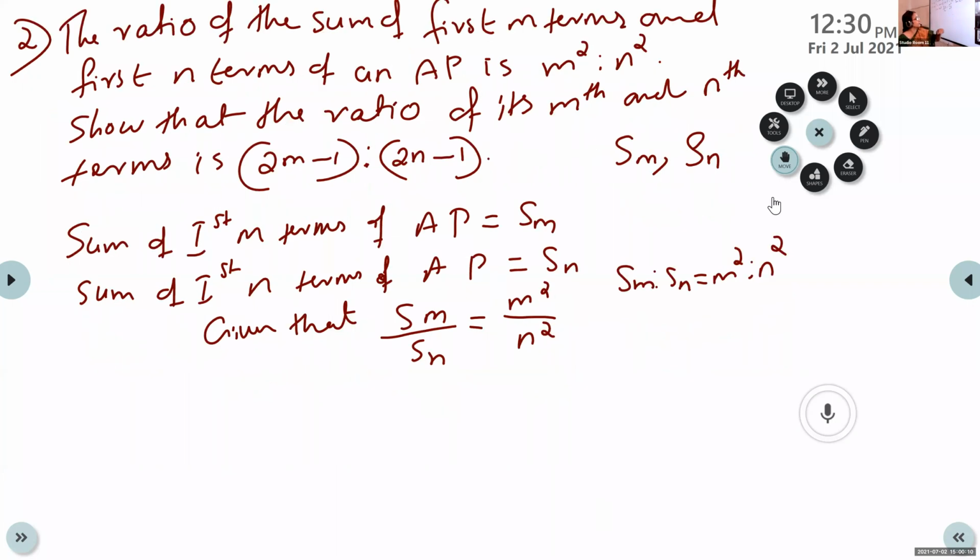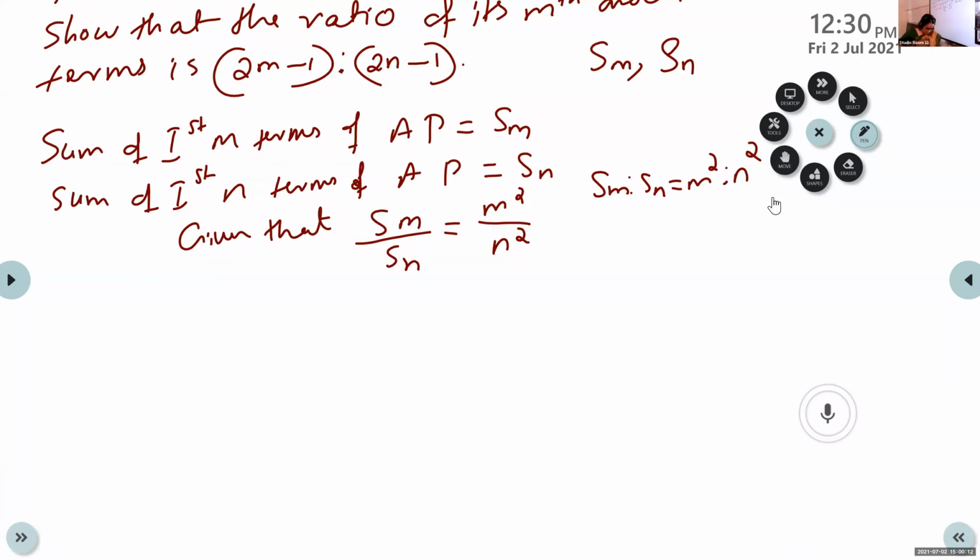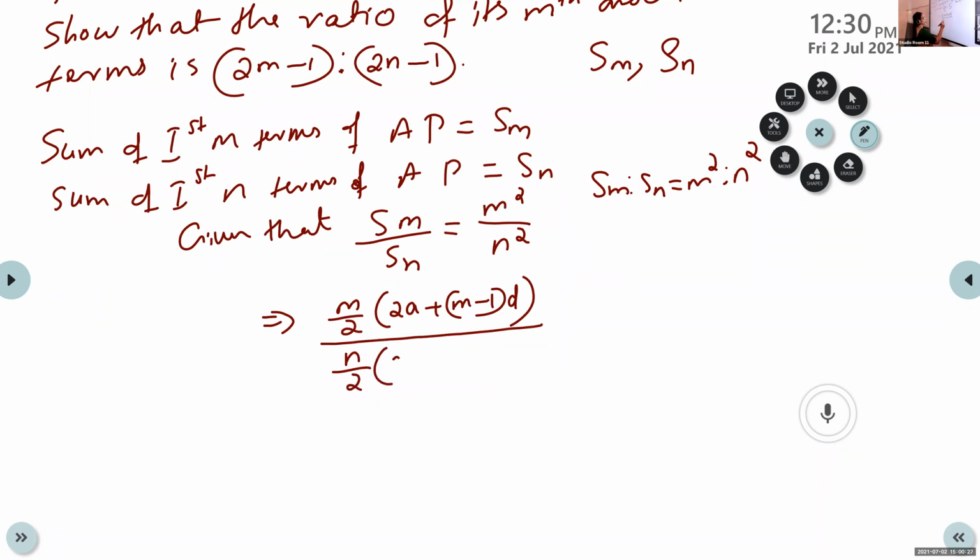Now substitute the formula for Sm and Sn. Sm is m by 2 into 2a plus m minus 1 into d, divided by n by 2 into 2a plus n minus 1 into d, equal to m square by n square.